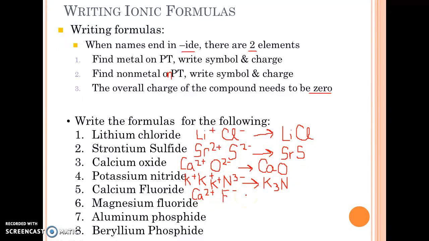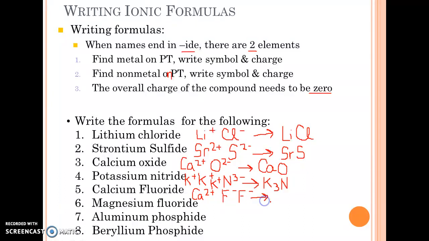So what would the easiest thing be? The easiest thing to do would be to continue adding fluorines until we canceled out that +2 charge. So if I add another fluorine, now I have 2 fluorines with a -1 charge, and now they should equal 0. 2 minus 1 minus 1 equals 0.